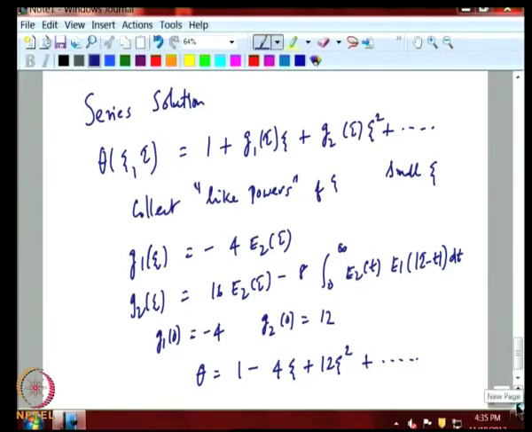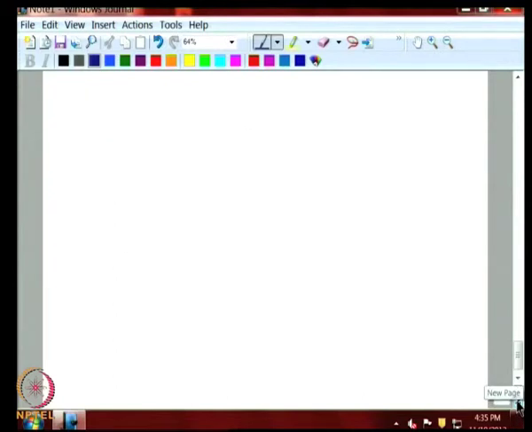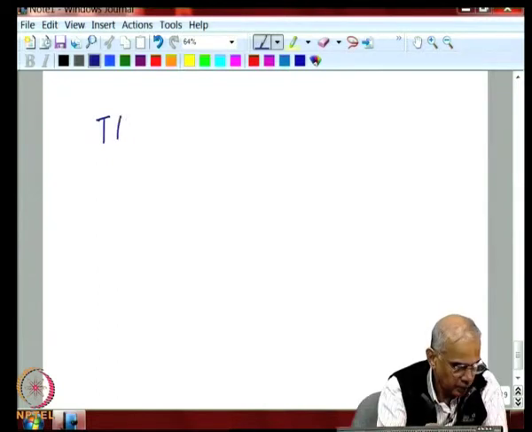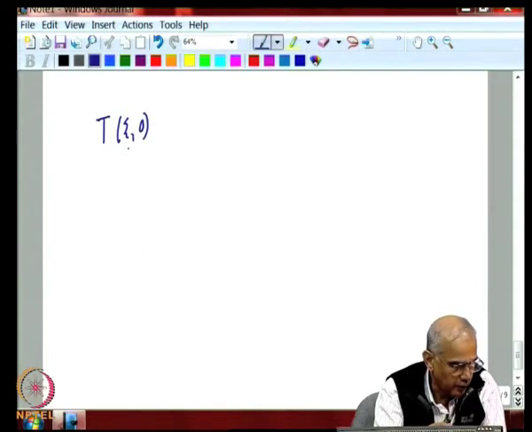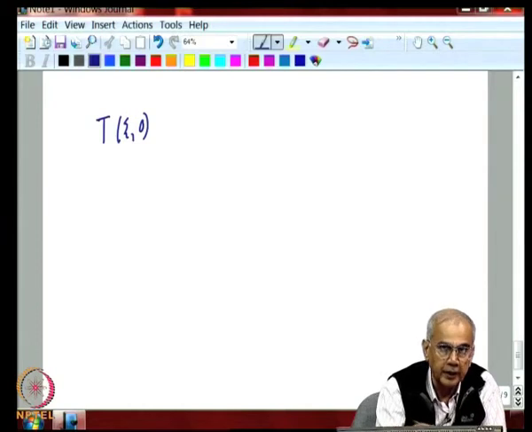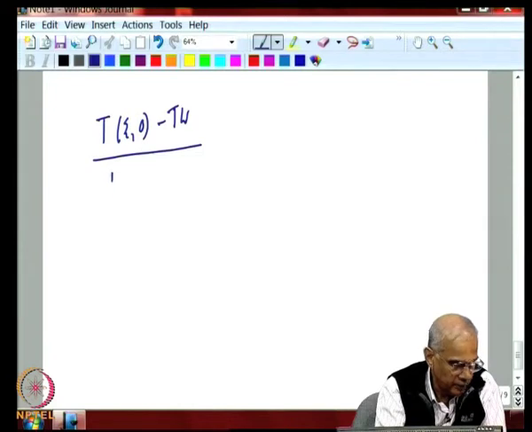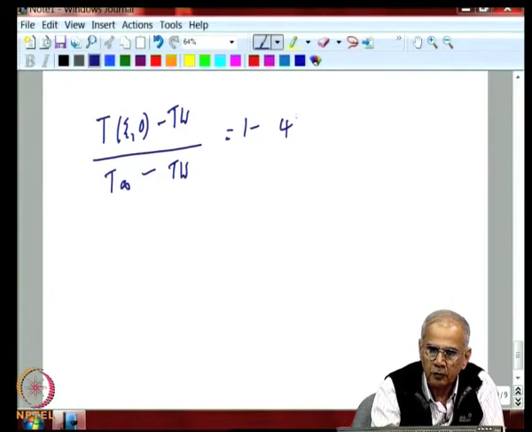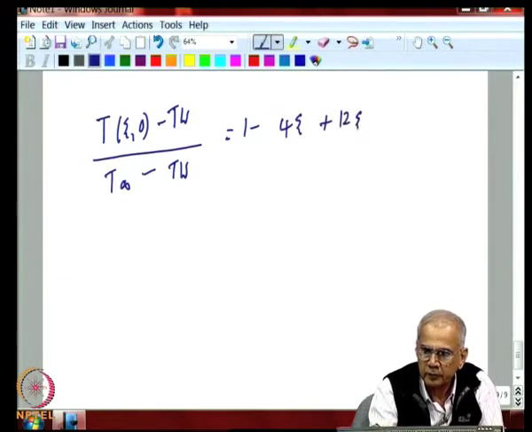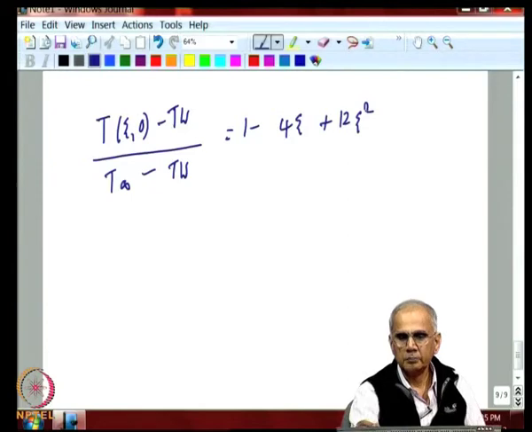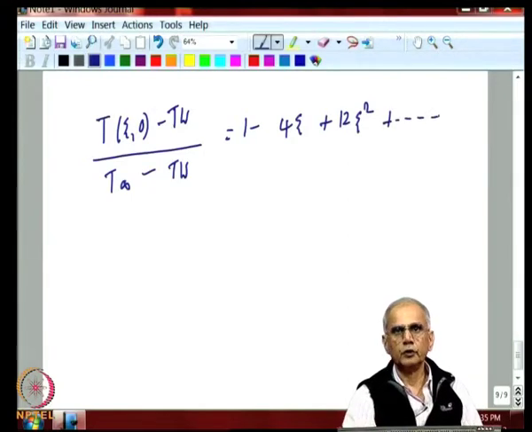And let us just remind ourselves what the solution looks like. So, T of psi and 0, now we are talking about the value at the surface of the plate, minus T wall by T infinity minus T wall, finally has come out to 1 minus 4 psi plus 12 psi squared, and maybe some higher order terms which we do not know yet.